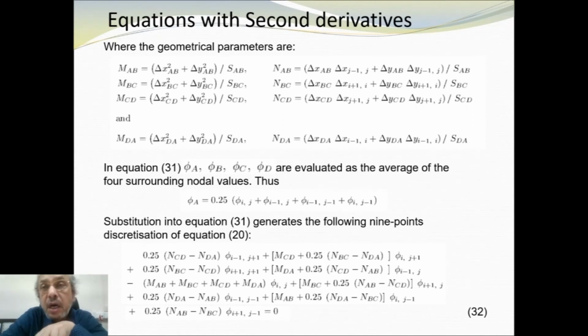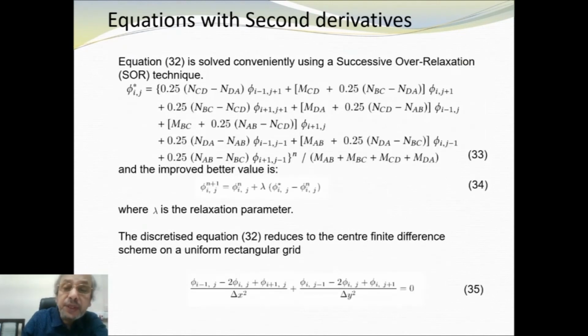So all the nodes we have to see appearing, we have to get participated in this calculation, and that is how equation 32 has been obtained.